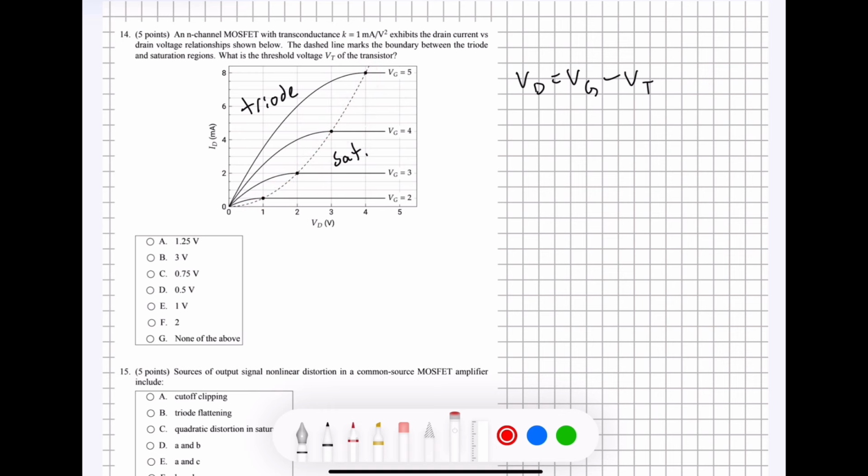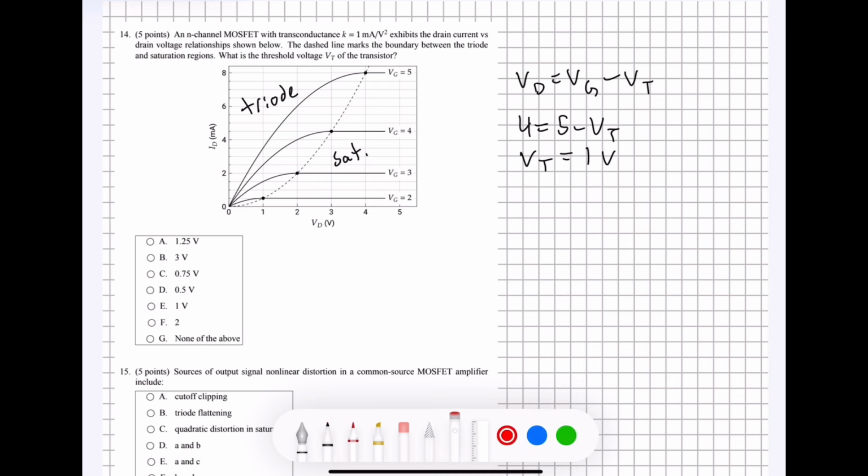So for when the gate voltage is equal to 5, for example, we know that the drain voltage of this point right here is basically going to be 4, as you can see on the x-axis of this graph. So if we plug those into the equation with the gate voltage equal to 5 and the drain voltage equal to 4, we have 4 equals 5 minus VT, and that gives us a threshold voltage of 1 volt.